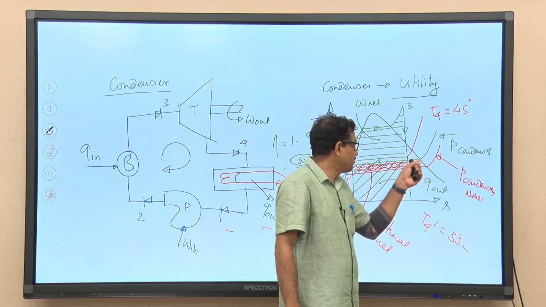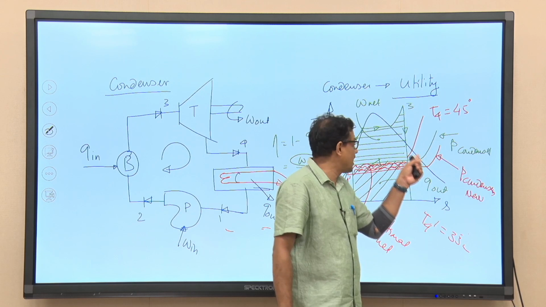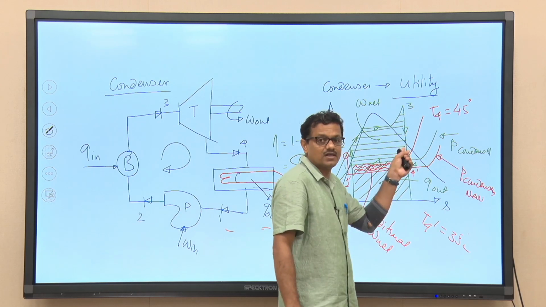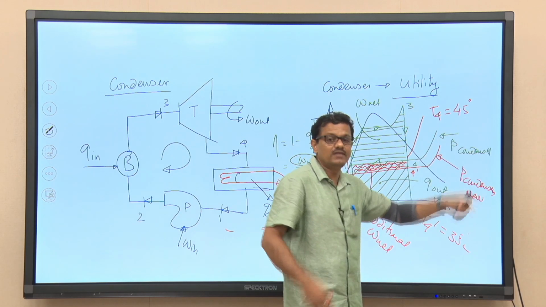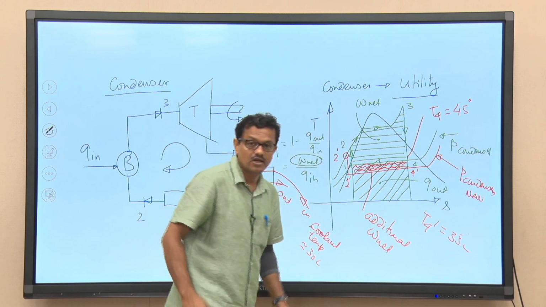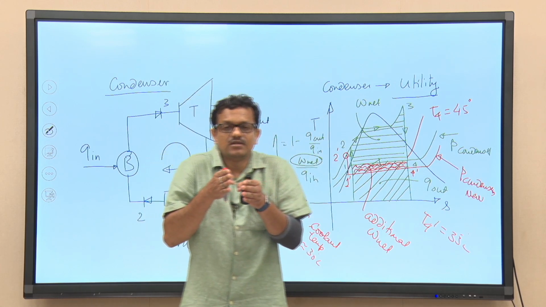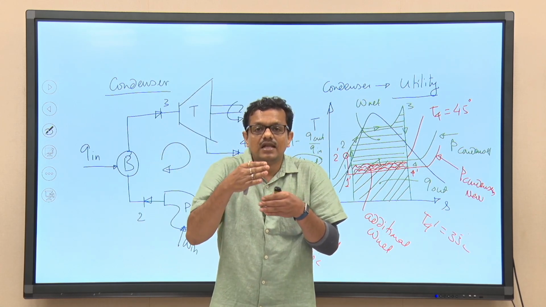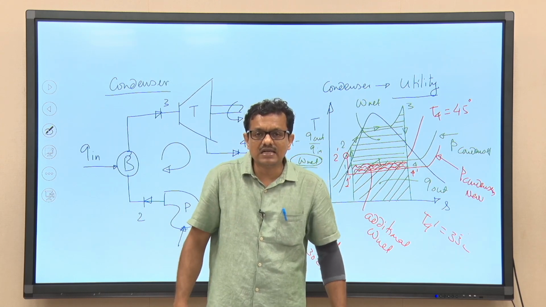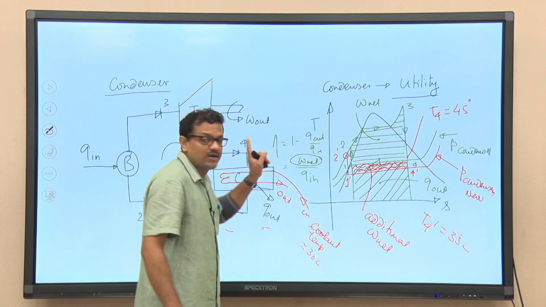Okay. So, if we reduce the condenser pressure, that means I am allowing steam to expand further and further, so that T4 prime will be very close to this coolant temperature. So, lower the temperature difference, lesser will be the irreversibility and efficiency of the plant will be high.